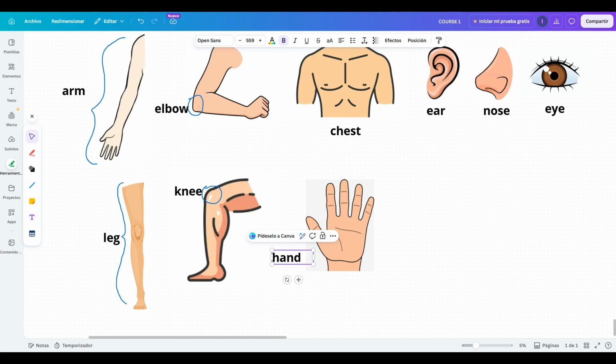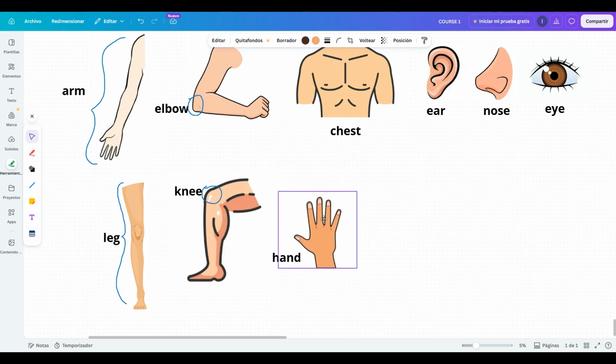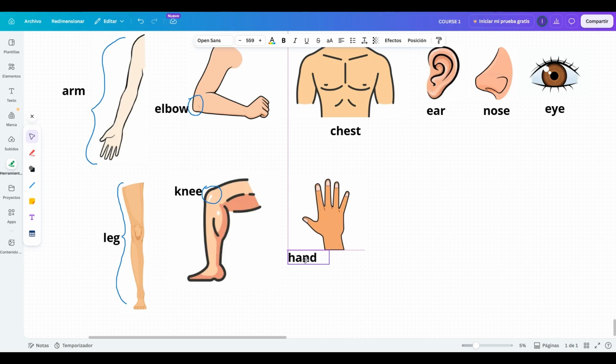You can see here a hand. Can we use another picture? Maybe this picture, it's a hand. Okay. This is a hand. Maybe it's more like a hand, it's a palm. Well, this is a hand. Yes. And small part of the hand is a finger, right?